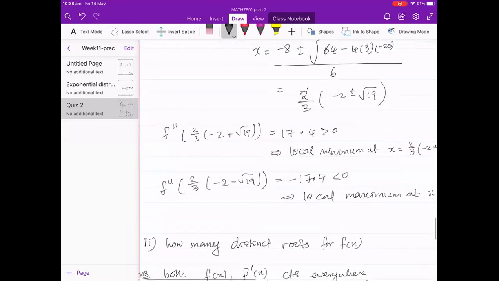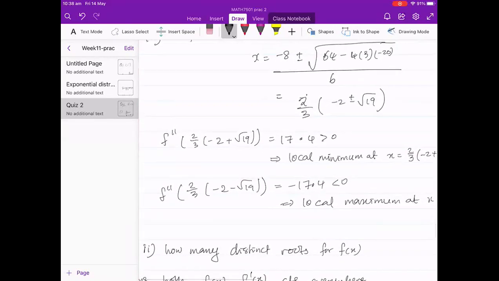How many distinct roots for f(x)? Anyone?